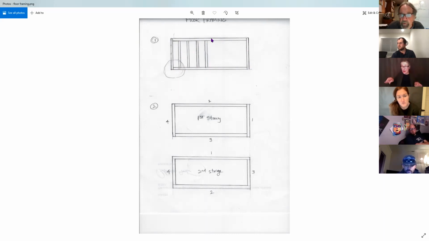And the plan knows you're putting 2x8 rim joists out here and out here. And then this end joist will be 2x8 and all these intermediate joists will be 2x8. So we know all that. So you can sandwich all the joists between the rim joists, including the outside ones.